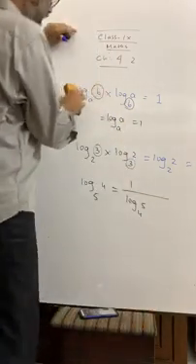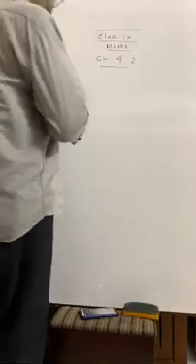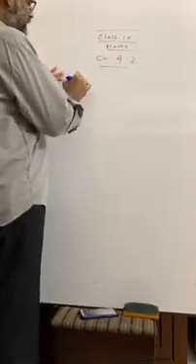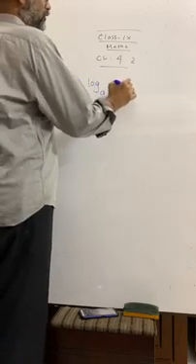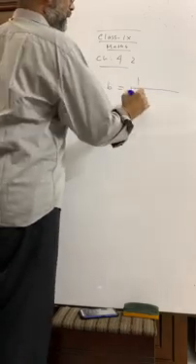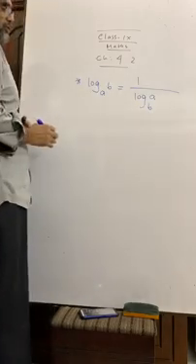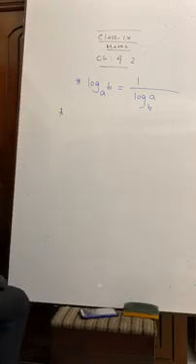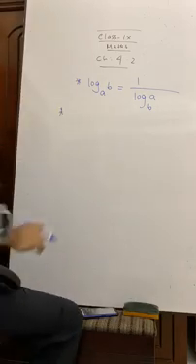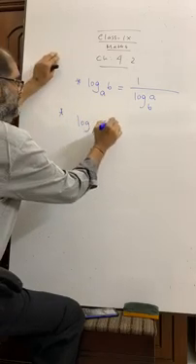So we can introduce another formula. Please try to understand: log a base b equals 1 by log b base a. This is the formula. Now you have to find the value of log e base 10.